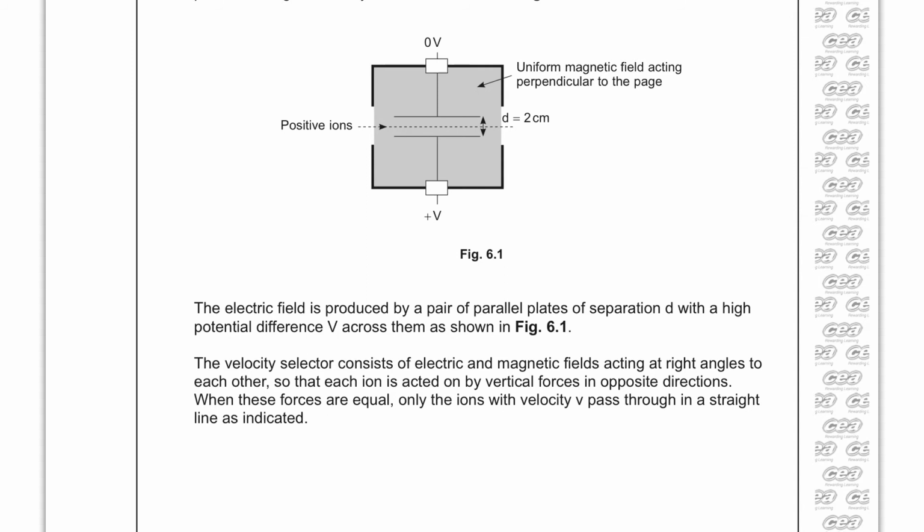When these forces are equal, only the ions with the velocity v pass through in a straight line as indicated. So this is what we would have called in the old days a cross fields experiment, with the magnetic field trying to turn the ions in one direction and the electric field trying to turn them in the other direction, and only the special group that have the right velocity will pass through undeviated.